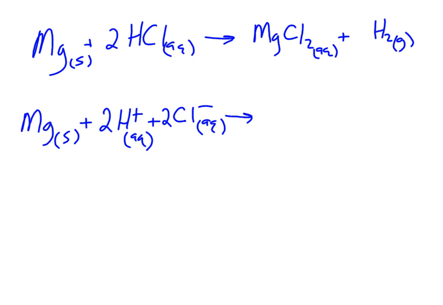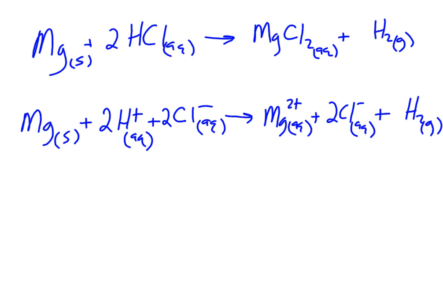Likewise, on the product side, I wouldn't see magnesium and chlorides bonded together in the aqueous solution. I would see magnesium ions, and I would see chloride ions. And then the hydrogen, again, as a diatomic, will be represented as such.